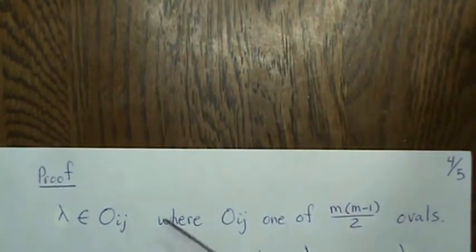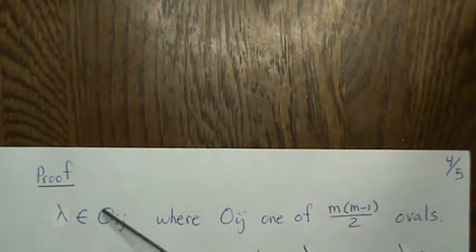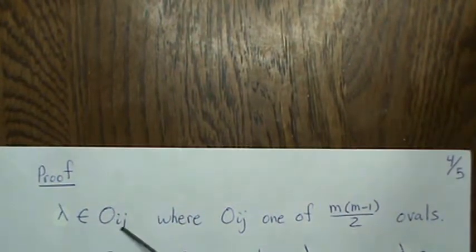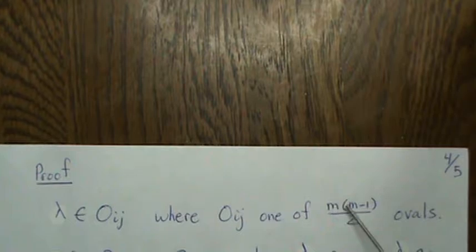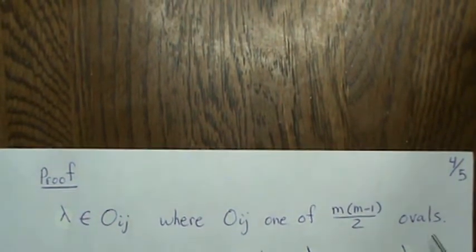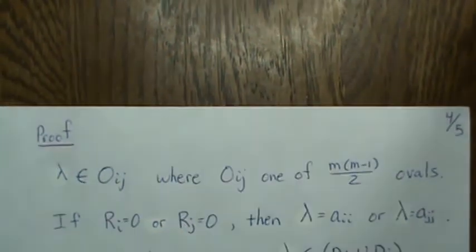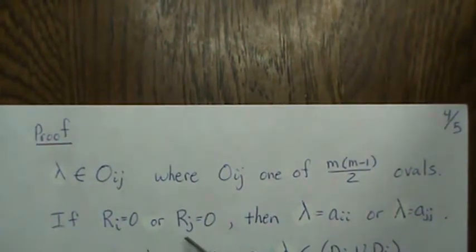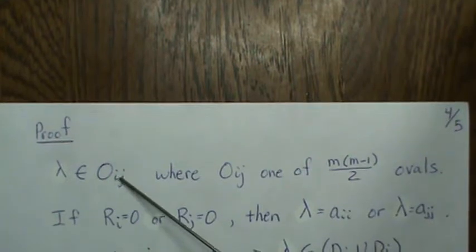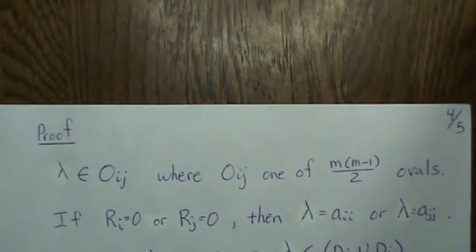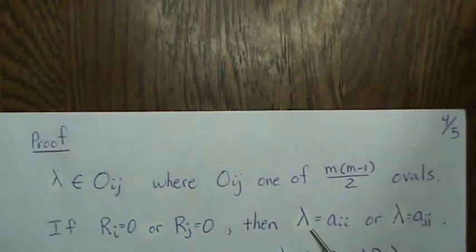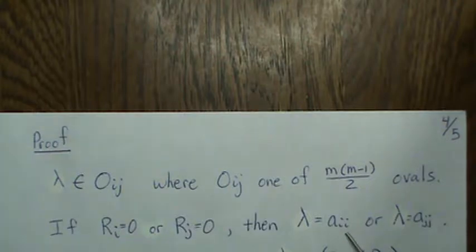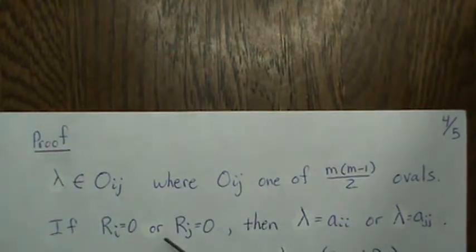So let one of the eigenvalues lambda be an element of this oval. Now remember that O_ij is just one of the m times (m minus 1) over 2 possible ovals. Now if R_i and R_j, remember these are associated with the i and the j, are such that one of them or both are 0, that means that lambda is the actual diagonal element. It's either this element or that element. That has to be true.